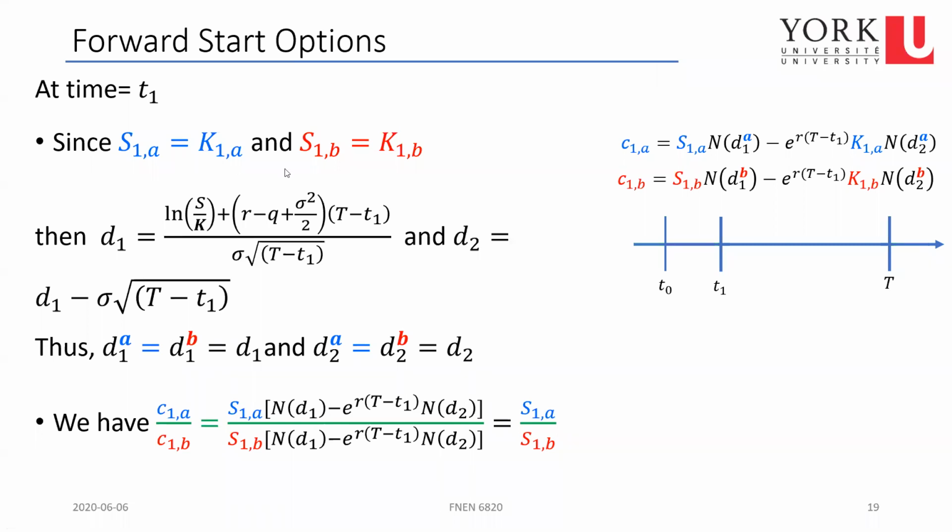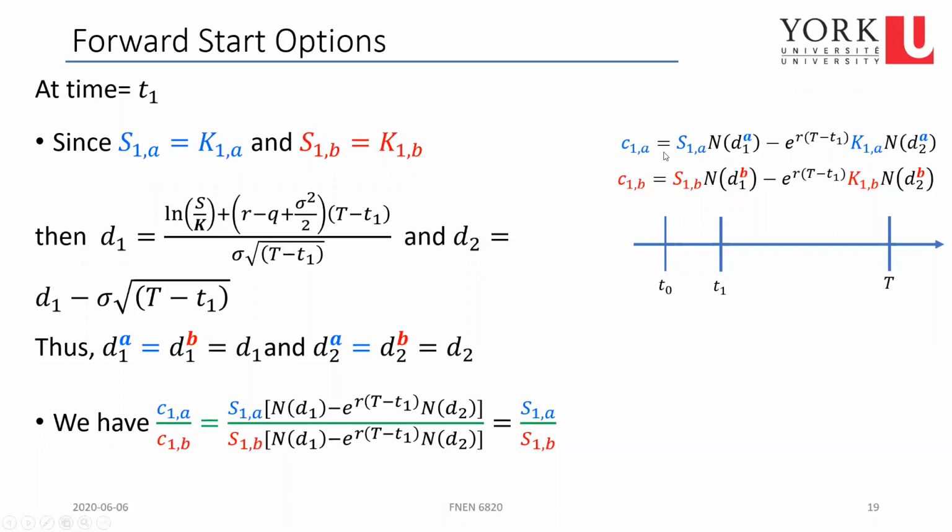Now you see that for a forward start option at T1, S1A must equal K1A and S1B must equal K1B. Also, at this point the option is just a regular option, so we can use the formula to price it at time T1.